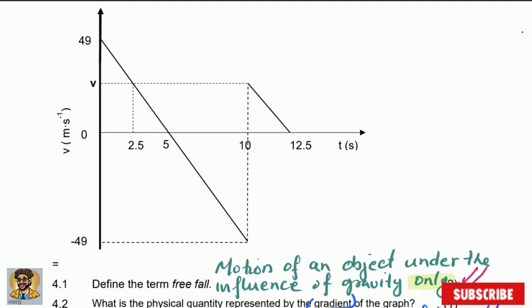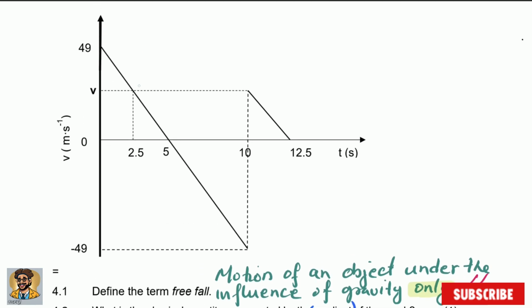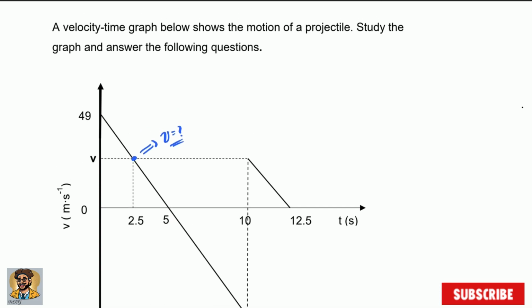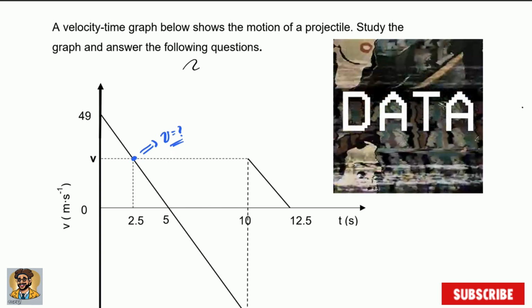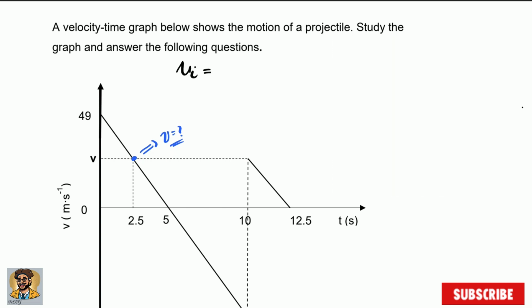So let's go to the graph and see what they're asking you. They're asking what the velocity of the object is at that specific point. Let's write the data. The initial velocity of the object is 49 meters per second.